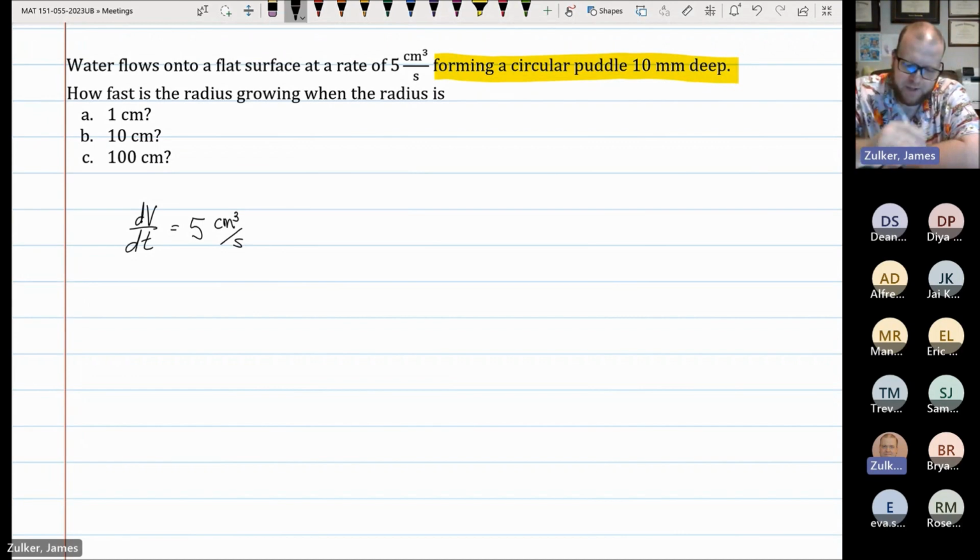There's the next piece of information. A circular puddle, 10 millimeters deep. I'll create the variable d for depth, and that's 10 millimeters.